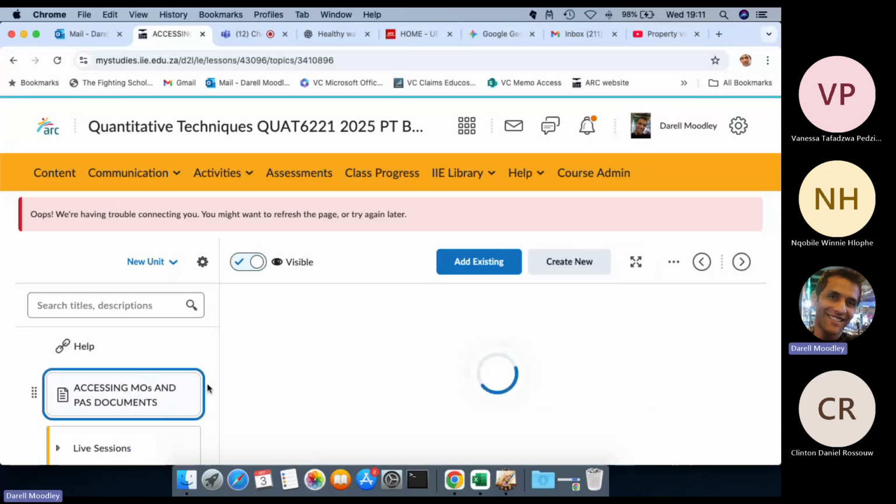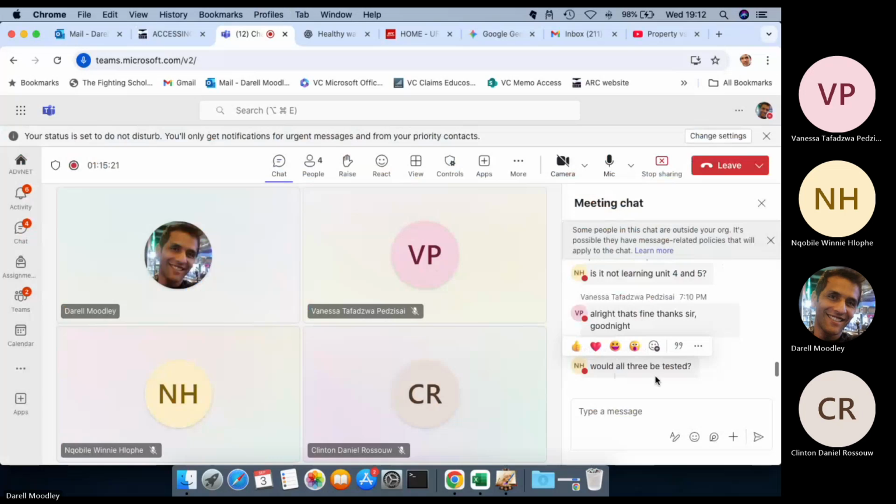You click here, and it shows you how to get your module outline, which you should have already downloaded and have with you. As you can see, it's not opening on my side, but it shows you exactly how to access your module outline. Once you get it, it'll tell you what learning units assignment 2 covers. That would confirm which learning units you need to prepare.